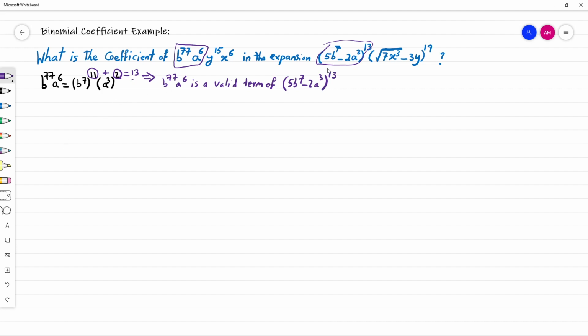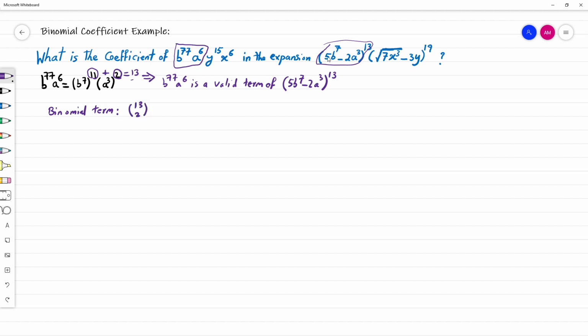Obviously, it means we have to do 13 choose 2 to get the a to the 3, the whole thing to the power 2 component. So the binomial term would be 13 choose 2.